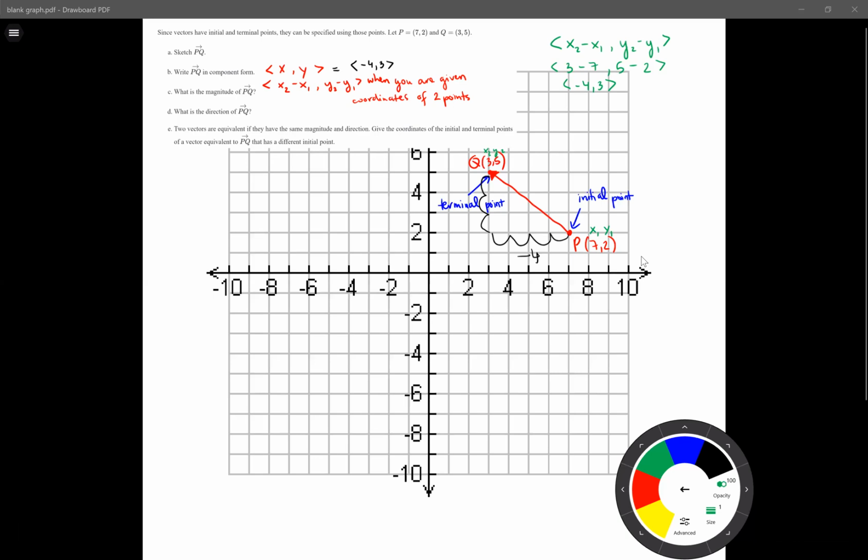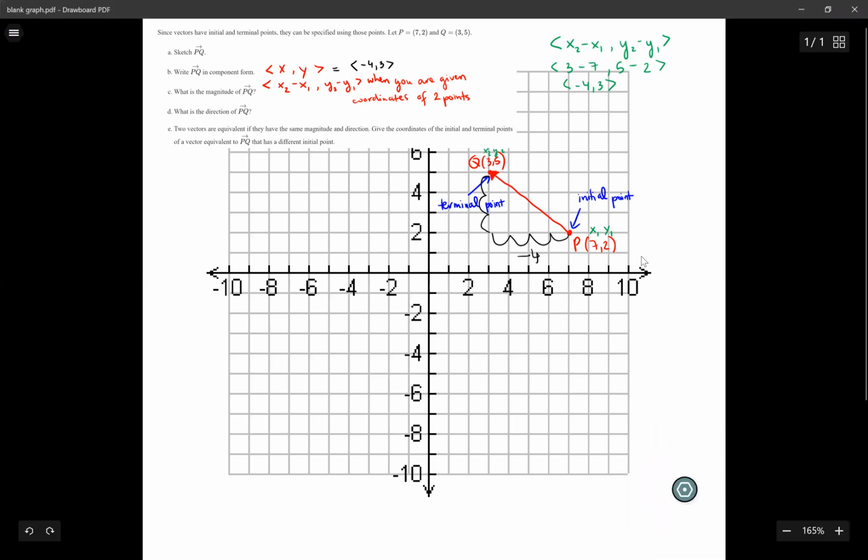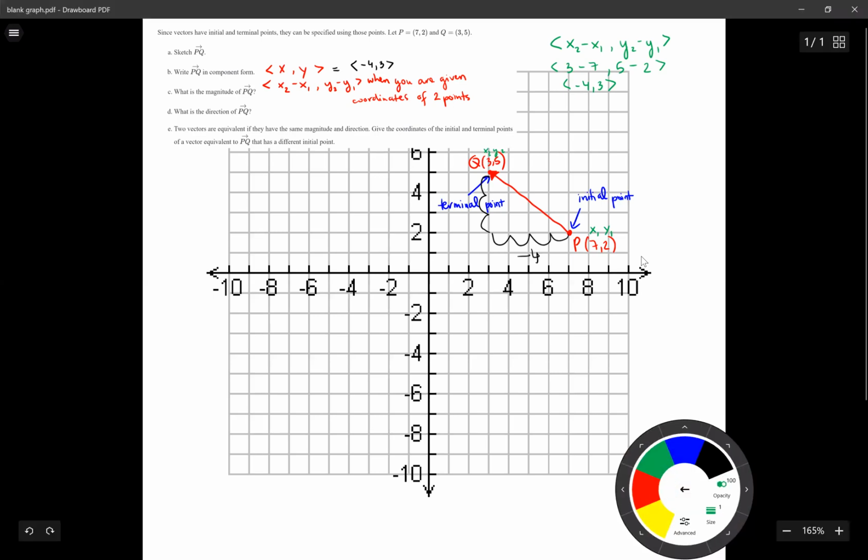Let's treat this as a triangle. If you treat the whole thing right here like a right triangle, can I find the side length of QP?